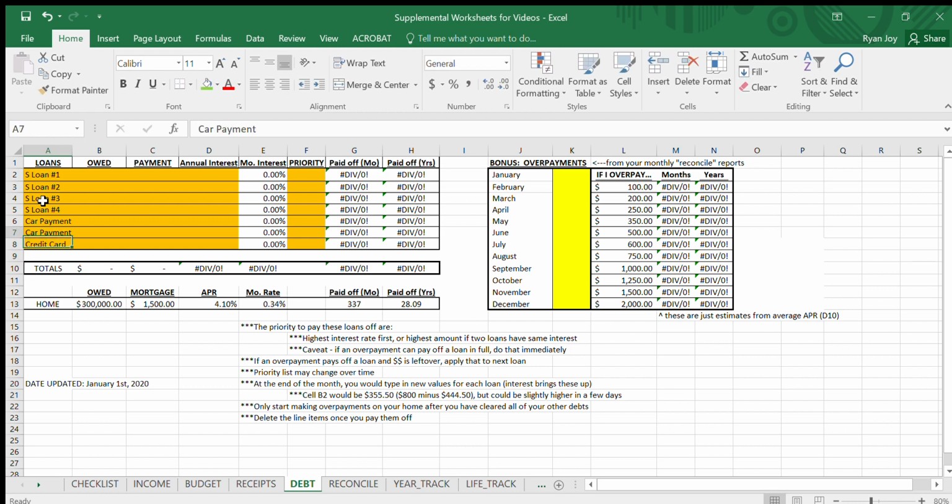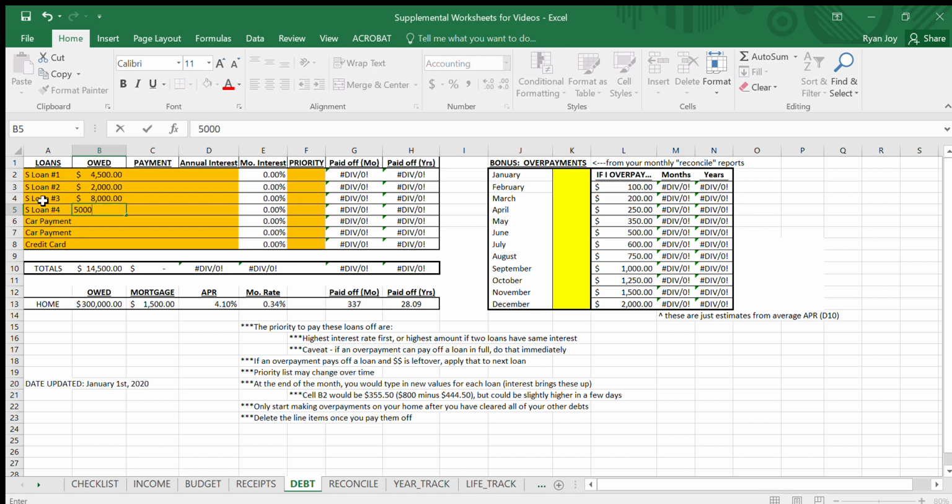This is the debt that you have, and you owe, I don't know, $4,500 on the first loan and only $2,000 on the second loan, but the third loan is $8,000, and the fourth loan, student loan, is somewhere in between.